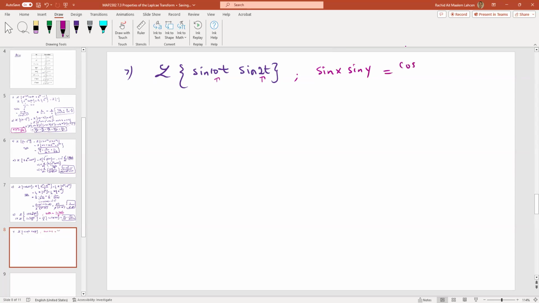And if you solve for sine of x, sine of y, you're going to get cosine of x minus y minus cosine of x plus y over 2. So using this, that means you're going to have half outside, and you have cosine of 10 minus 2, which is 8t, and 10 plus 2 is 12t.